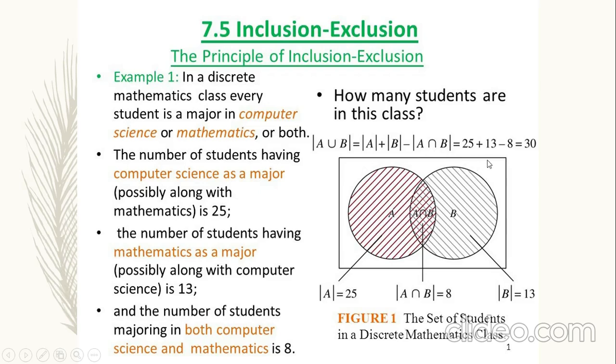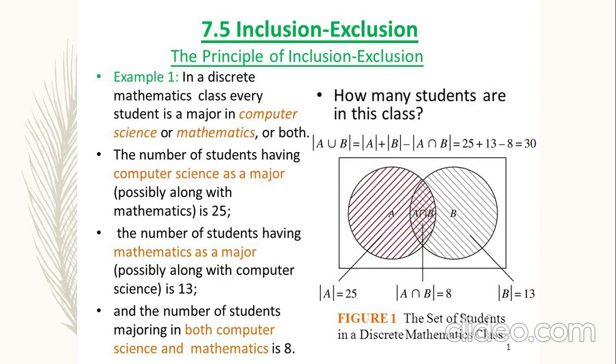So before we are going to solve that one, let us first have the Venn diagram illustration of this problem. So first, we have here two sets. The two sets are the first set A.